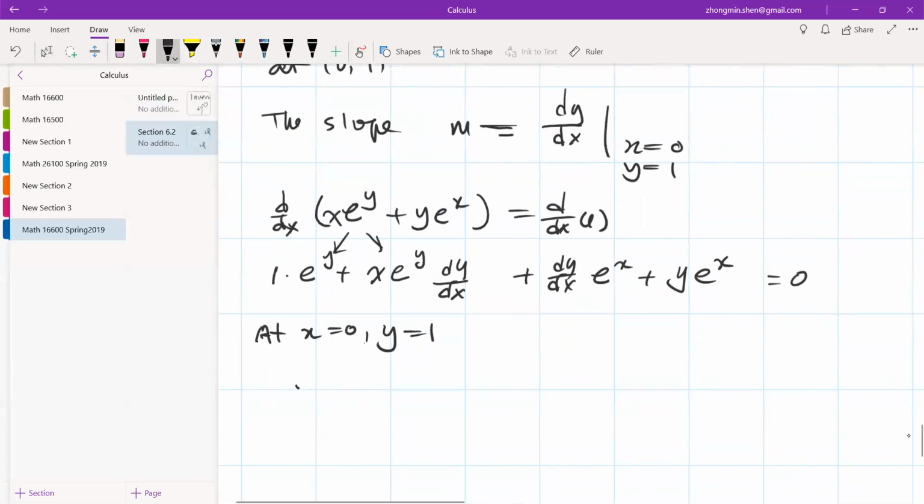You get e to the y plus 0, because 0 times anything is 0, and plus the derivative, which is now the slope, times e to the 0, and y is going to be 1.